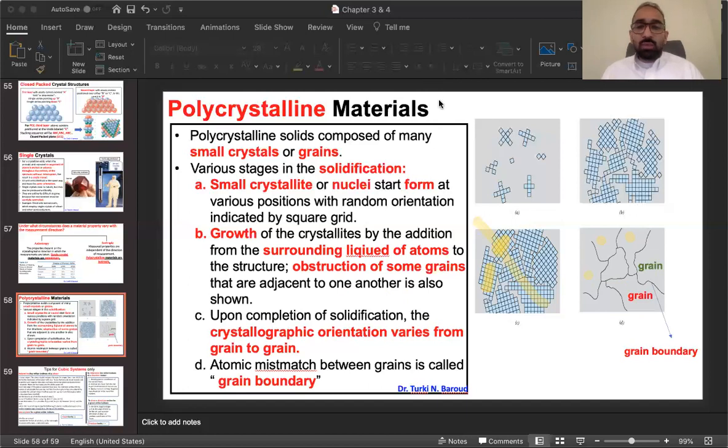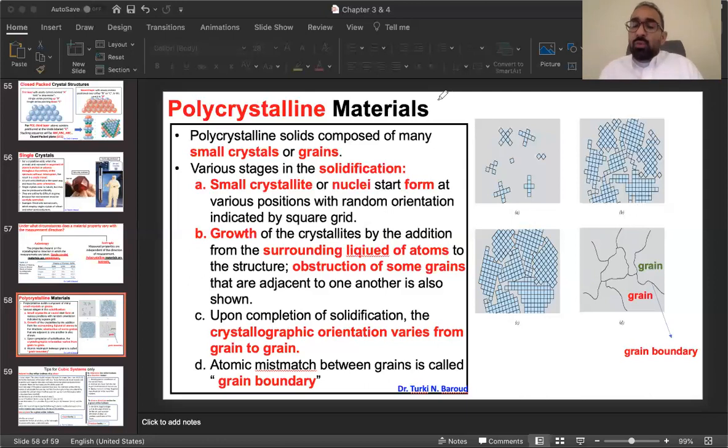And just an additional note: sometimes in a polycrystalline material there is a preferential orientation for a certain property. For example, you might find that something is happening for the 100 type, or the 001 type.